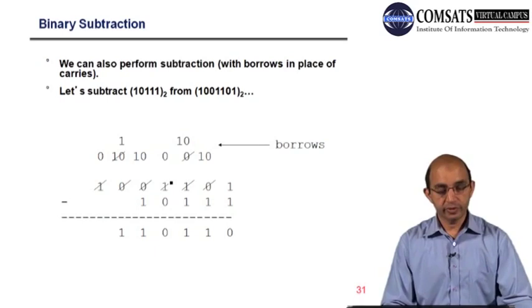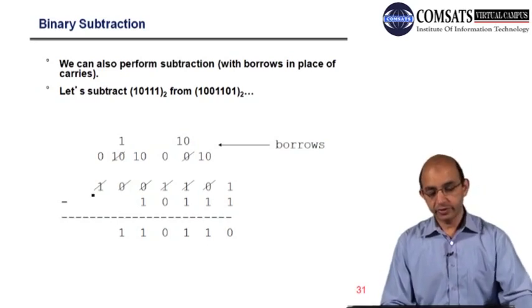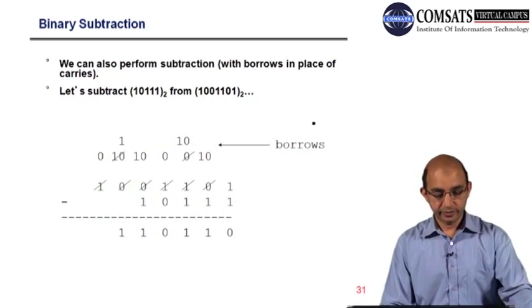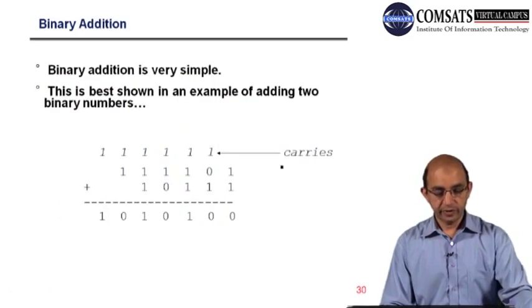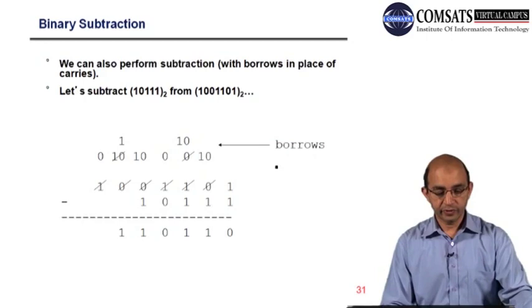So we will borrow, and here what we will be having is 2, 1, here we have 0. And again here, this has to be borrowed here and here. 2, 1, so here we have 1, and 0. Here we have carry when we talk about addition, and here we have borrow when we talk about subtraction.